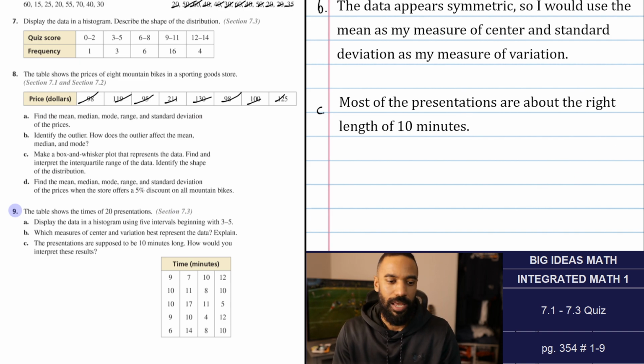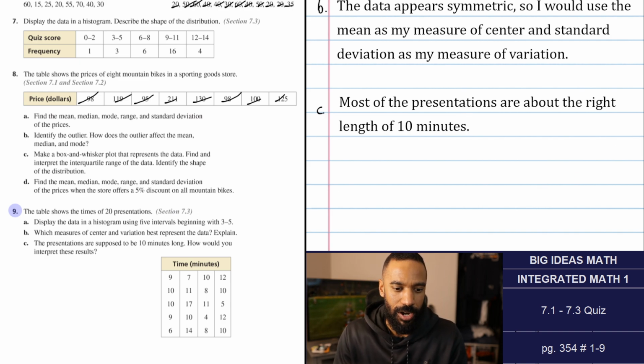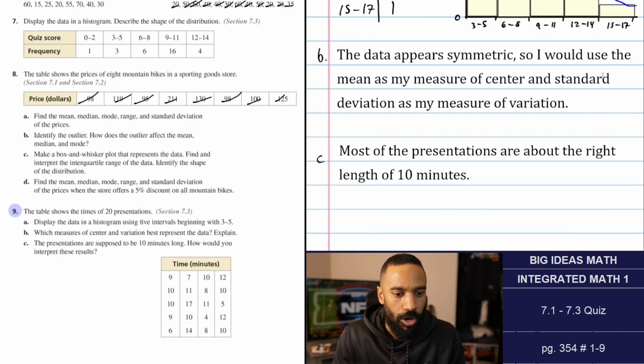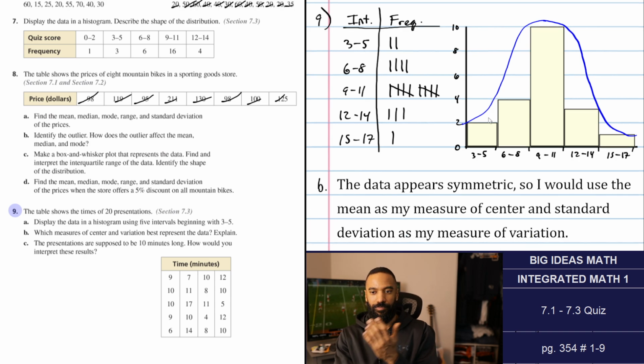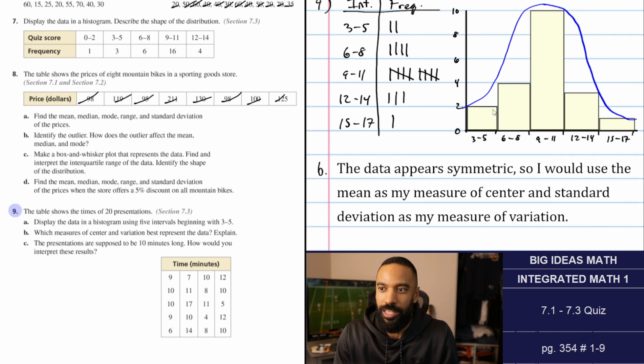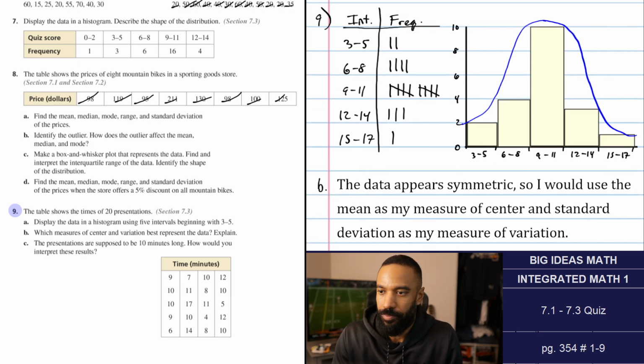I don't even know. They said 9 to 11. Oh, we actually have the numbers here. I forgot. So there are 1, 2, 3, 4, 5, 6 of them that are actually 10 minutes in length. The 9 and 11 just occur 3 times, or 4 times. So that's good. It's good stuff right there. And the histogram kind of spells that out pretty well.